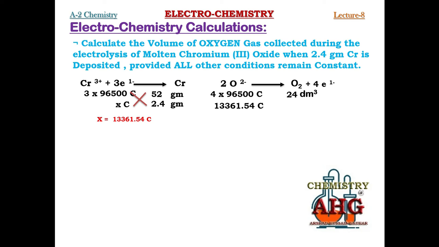It is equal to how many dm³ it would produce? X. Cross multiply, get the answer. The answer is 0.83 cubic decimeter of oxygen will be collected if 2.4 gram of chromium is deposited. So this is one method that you can use.